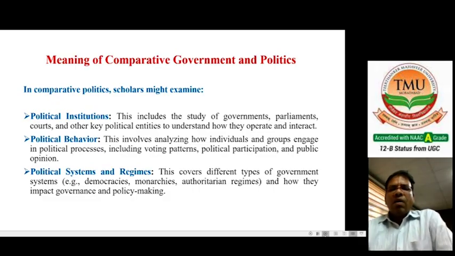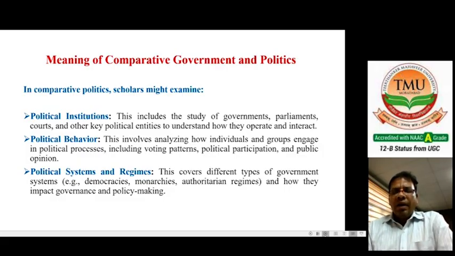Another meaning of comparative government and politics is political behavior. This involves analyzing how individuals and groups engage in the political process, including voting patterns, political participation, and public opinion. I have already elaborated on political behavior in previous classes. When we talk about political behavior, there are two important segments.